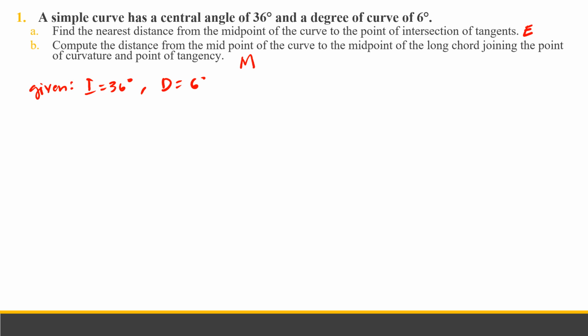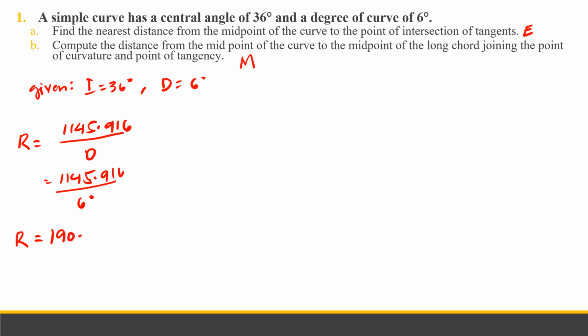So using the formula for degree of curve, we can find for the R. So degree of curve, R is 1145.916 over D, 1145.916 over 6 degrees. So yung radius natin is simply 190.986 meters. So yan yung radius natin. Okay. So diba yung sabi ko kanina, pag merong interior angle and radius, masasolve natin yung lahat ng mga variables.